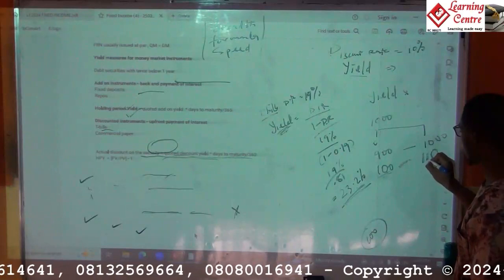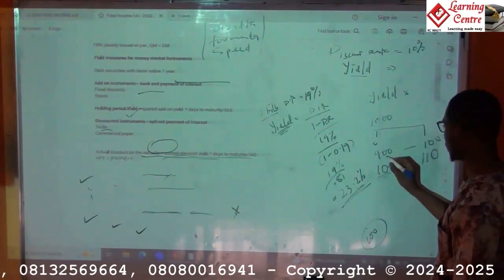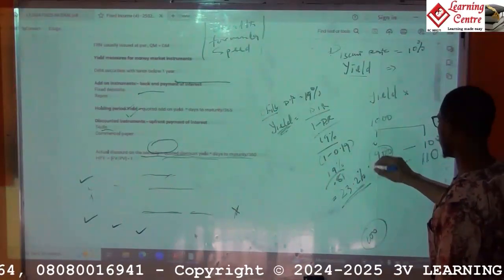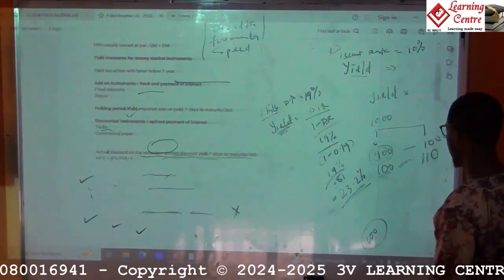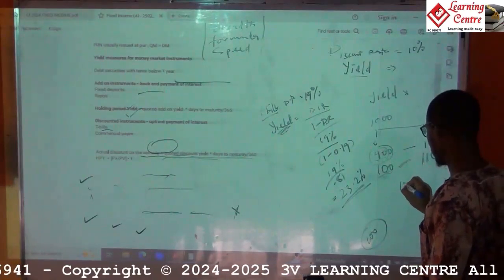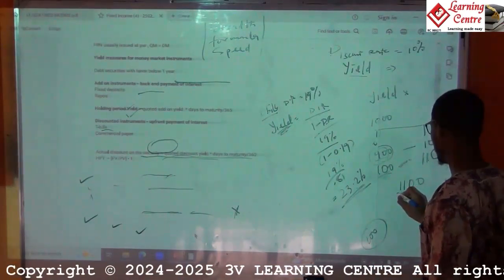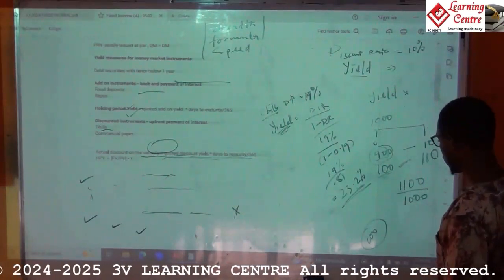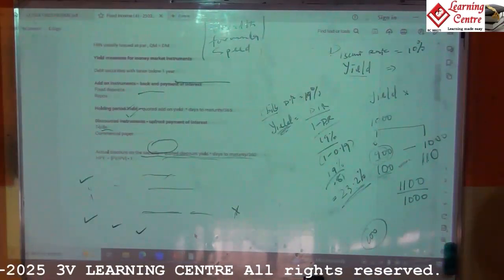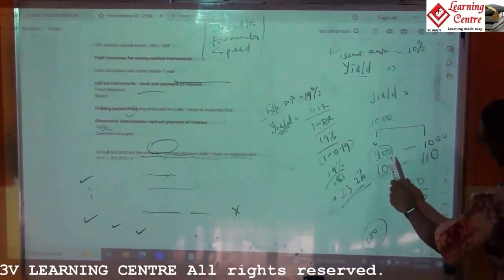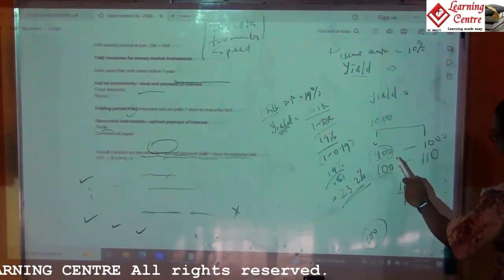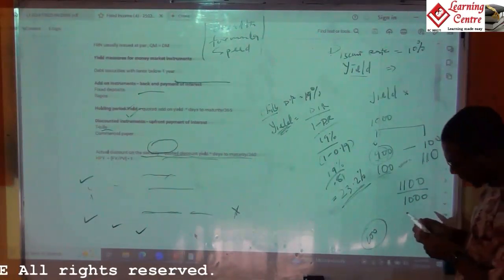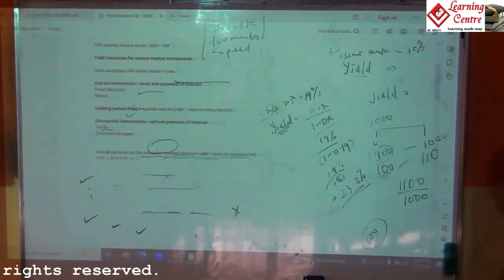So the whole money you invested was something like 900 or 1,000, 1100 over 1,000. You have this 900 that you invested to get 1,000, and the 100 upfront they gave to you, you also invested it.